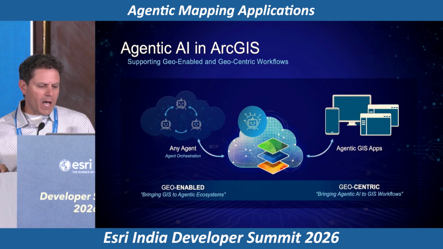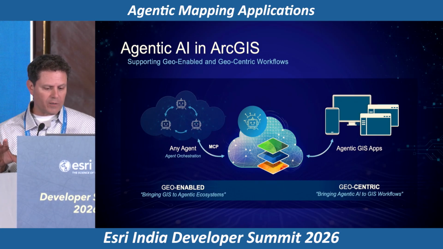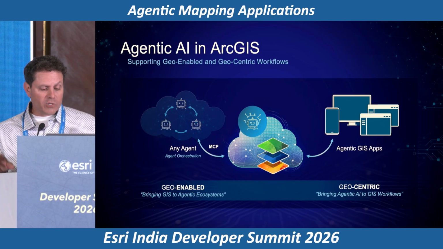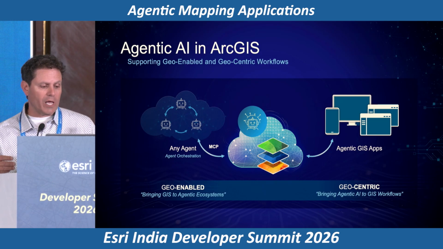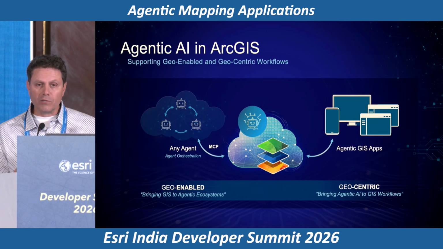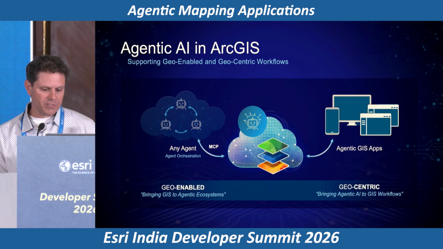And really, at a high level, our work in agentic AI falls into two different buckets. The first bucket on the left-hand side is geo-enabling third-party agents or clients with location platform or with location intelligence.